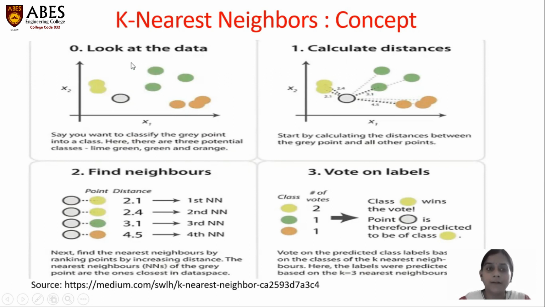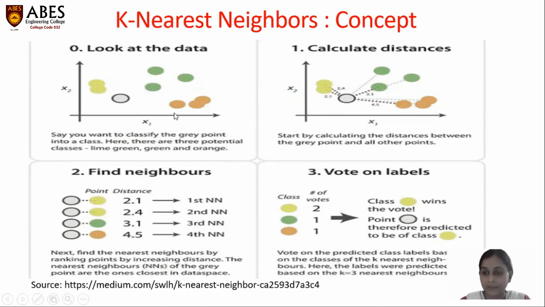Now we are representing three different classes in three different colors. These are the data points of these three different classes. Now we have one new data point which is represented in gray color. It has arrived and we have to classify it into one of the three classes.